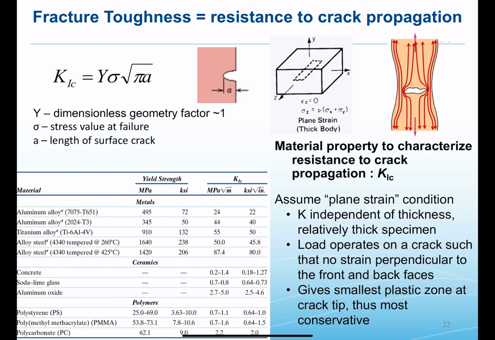So fracture toughness. Our K1C values, some of which are listed here, are calculated from the following information. So there is a dimensionless geometry factor, Y, which again is characteristic of the conditions of the test specimen.